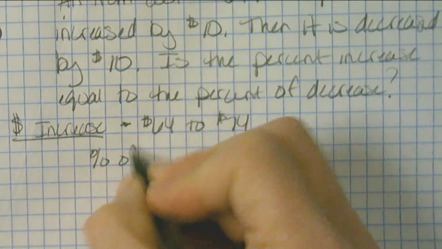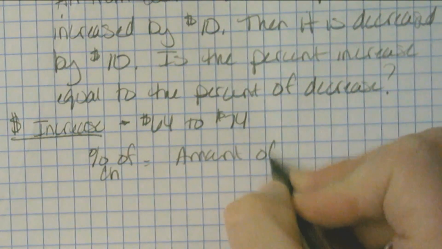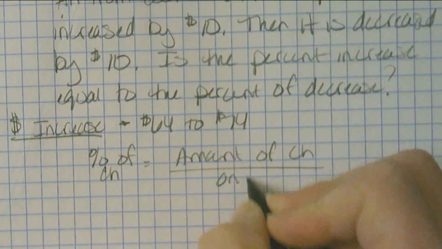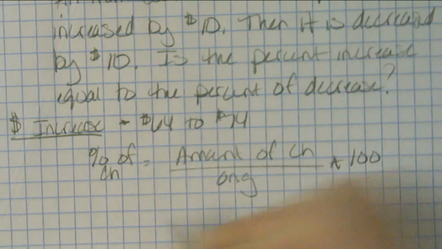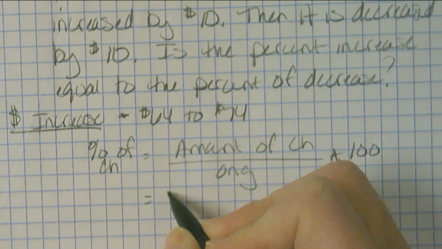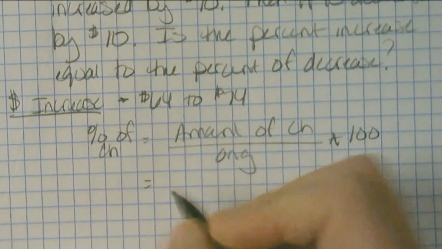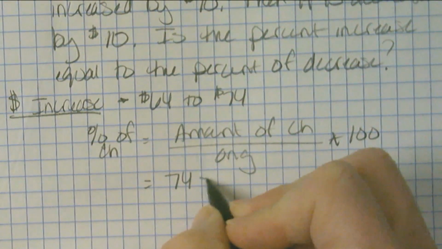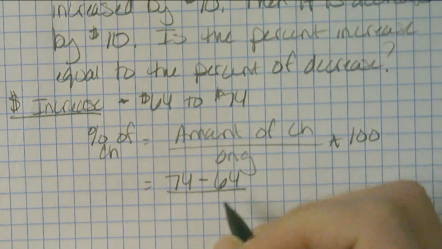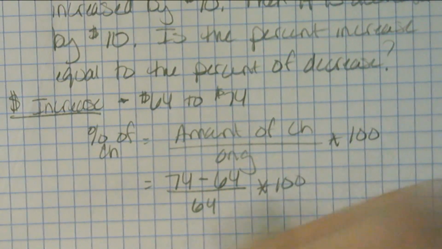So percent of change equals the amount of change divided by the original times 100. Matthew, go ahead and do this for me. I've already done this. So now put my numbers in. 74 minus 64.